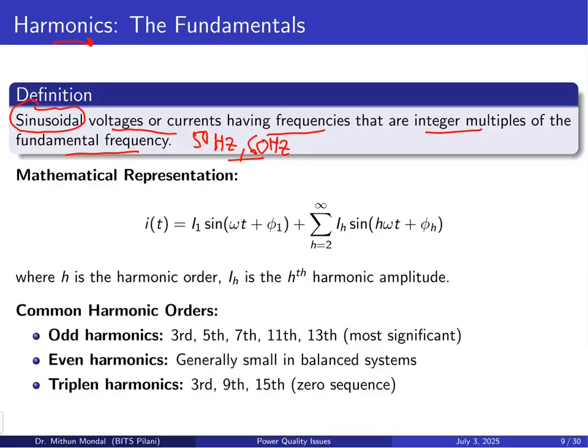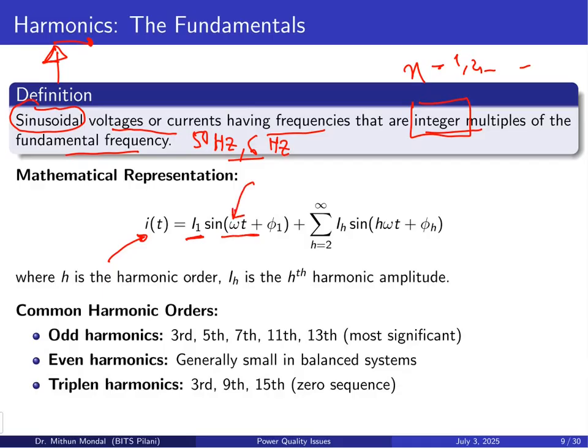So if you have the integer multiple, integer means you can have n equal to 1, 2, 3 and so on, the multiples of the fundamental frequency will be there in our AC supply, and those are known as the harmonics. So if we say the current, which is a function of time t, is written with the fundamental component I1 sin of omega t plus phi 1.